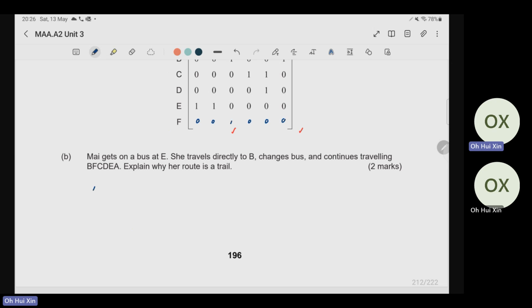Because it is a walk with no edge repeated. If you state that it is a walk, you get 1 mark, because a trail is basically a walk. Then you say that a trail is a walk with no edge repeated, and you get the 2nd mark.